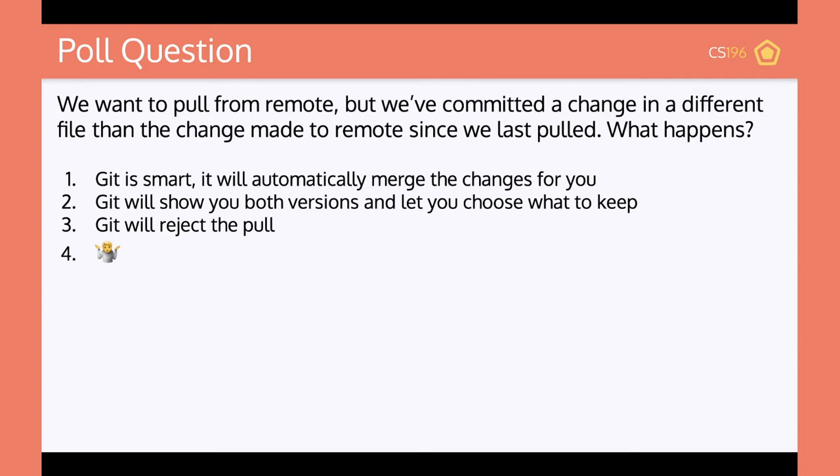So yeah, this one is we want to pull from remote, but we've committed a change in a different file than the change we made to the remote since we last pulled. What happens? So I'll give everyone another 15 seconds or so.